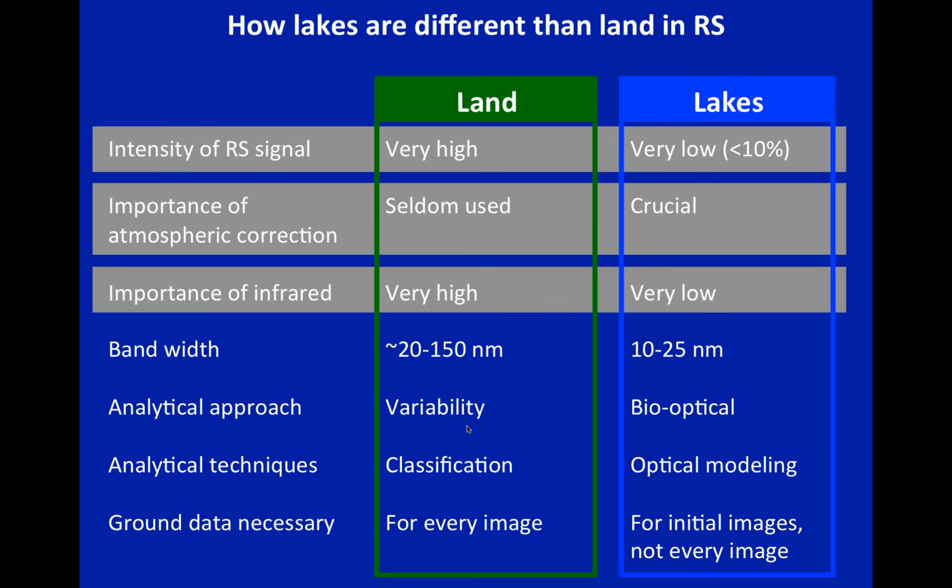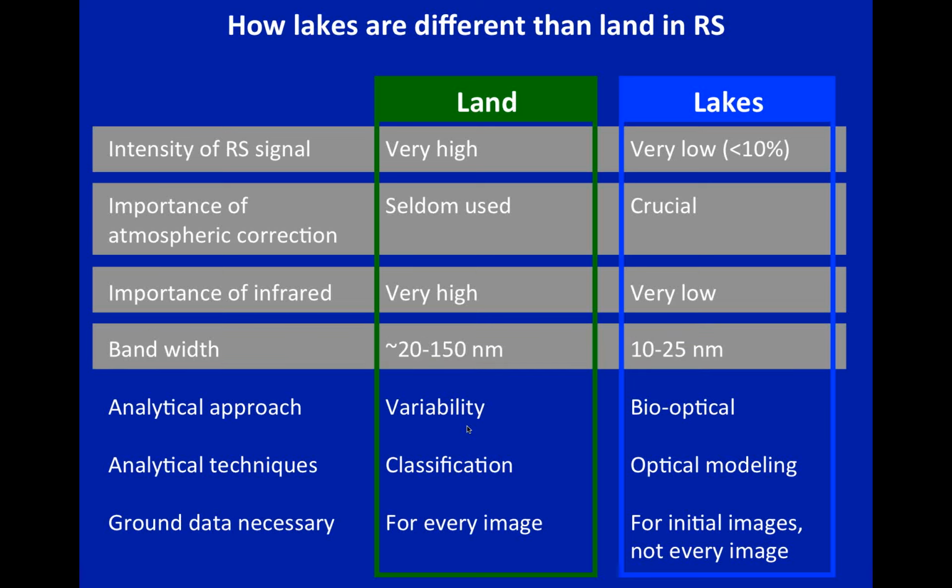And in land, infrared light is very important. And in fact, that image of the land in Durham that I showed previously, it was using some of the infrared bands to display. In lakes, infrared is not as important because most of the time, most of the infrared light is just absorbed by the water. The very near infrared, which we'll look at in a little bit, is important, but a lot of bands that are designed for satellites for studying land just are pretty much useless for lakes.